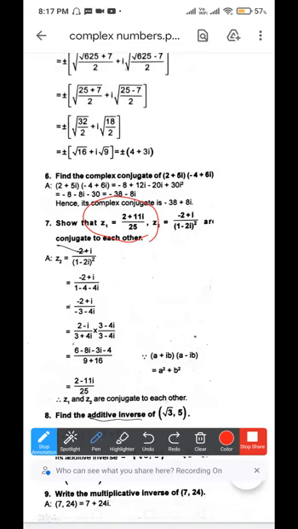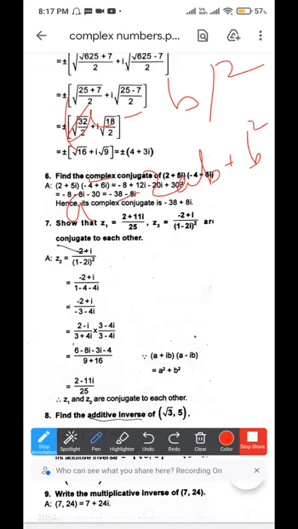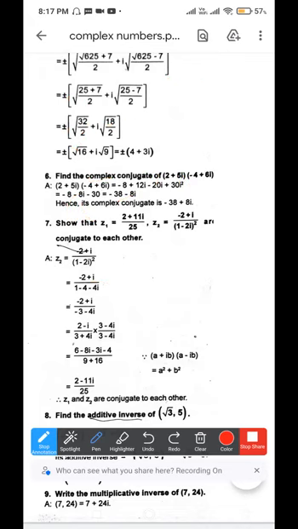We have taken the complex number z2 and simplified it. What is the (a - b)² formula? It is a² - 2ab + b². After using this formula, we open the brackets, we simplify, and then we rationalize.